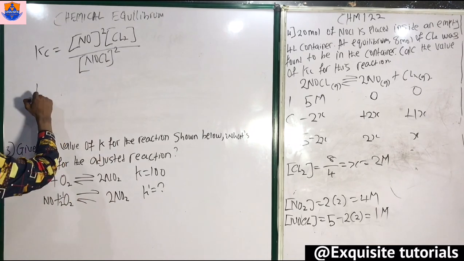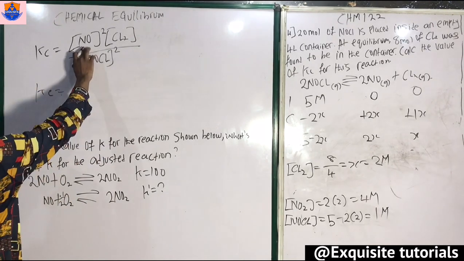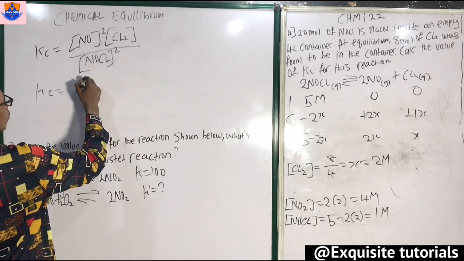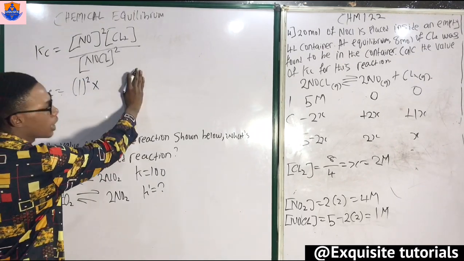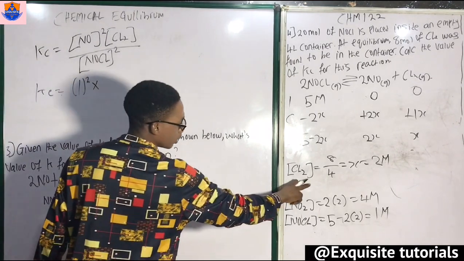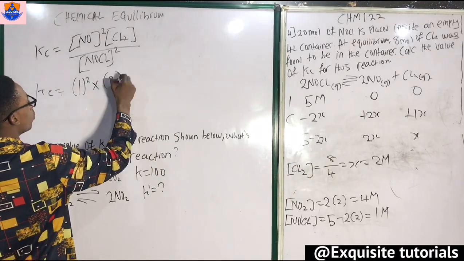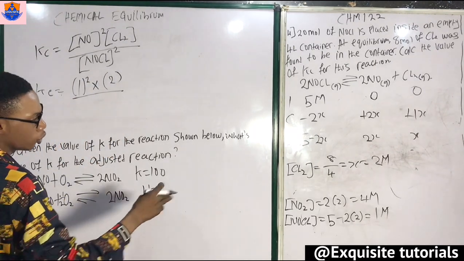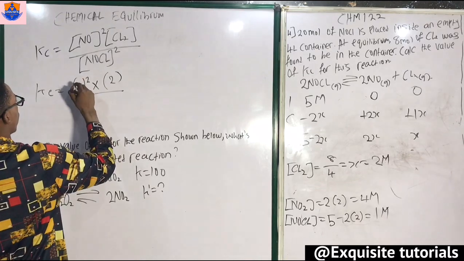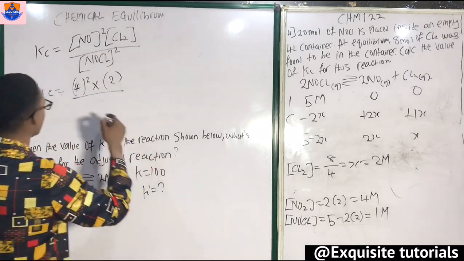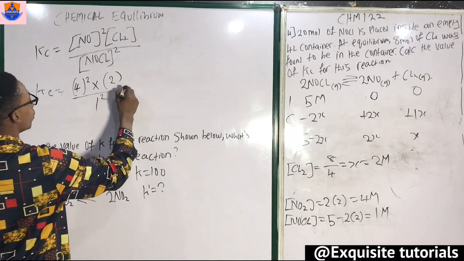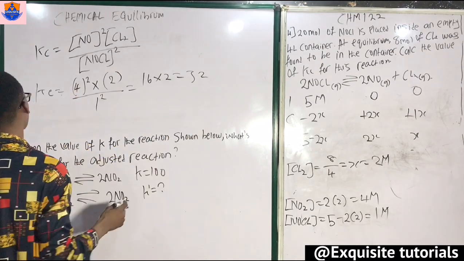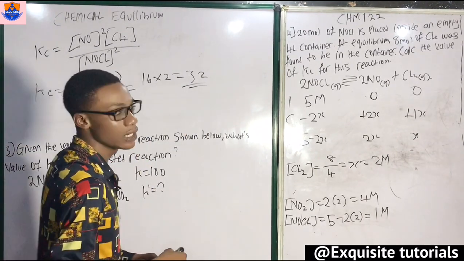So the concentration of NO at equilibrium is 4, so we have 4 squared, times the concentration of Cl2, which was 2, over the concentration of NOCl, which is 1 squared. So we have 16 times 2, which is equal to 32. Now this is the value for the Kc of this reaction.